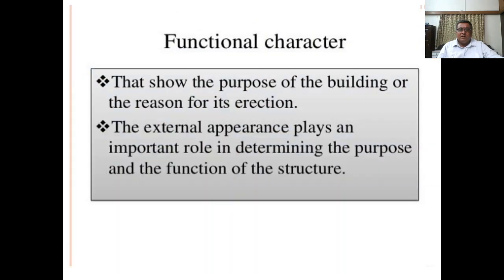We'll see functional character. That shows the purpose of the building or the reason for its erection.